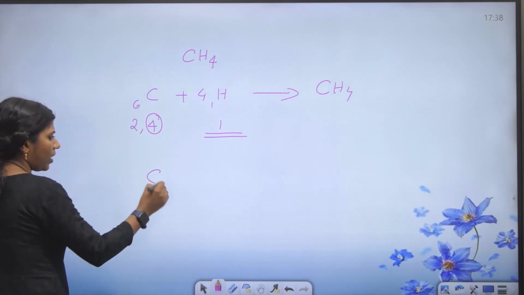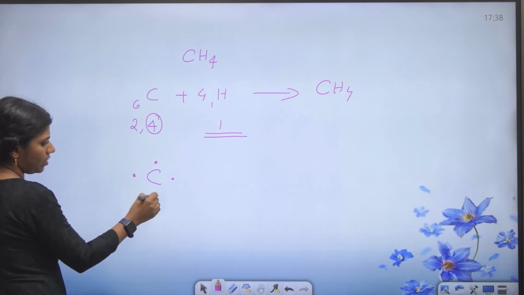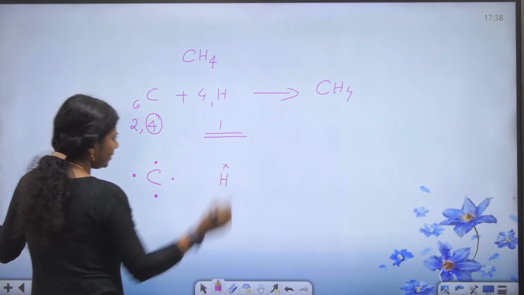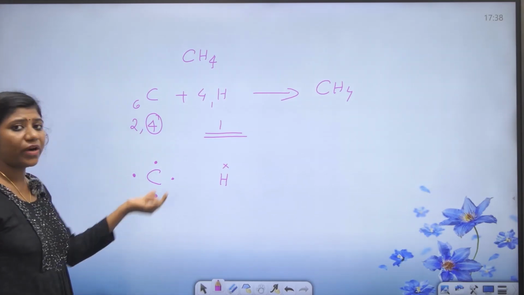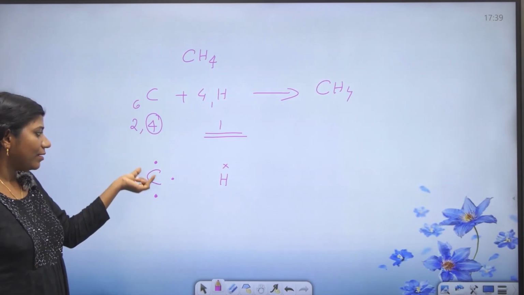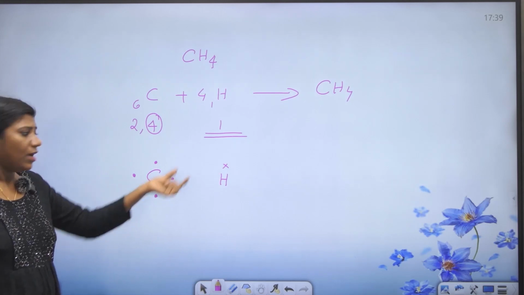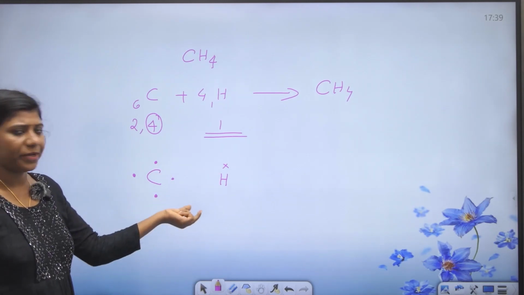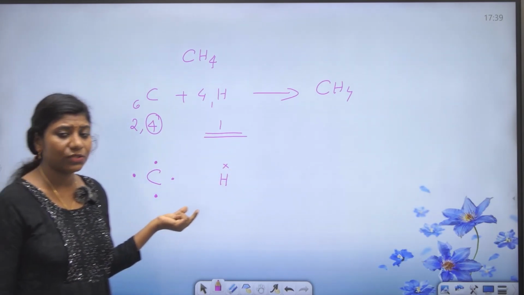The electron dot structure of carbon is this one. The carbon atom has 4 valence electrons, and the electron dot structure of hydrogen is this one. Hydrogen has only 1 valence electron. Carbon requires 4 more electrons to complete its octet, but hydrogen requires only 1 more electron because hydrogen has only the K shell, where the maximum number of electrons is only 2.